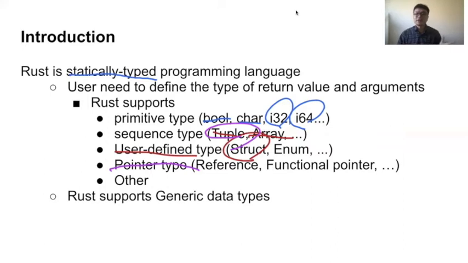A tuple is a very convenient way to abstract your type, which is a good way to write programs, easier for the programmer. Rust supports generic data types too, so there's no problem having a generic data type in your program. A function can support integers, and also Booleans and other types. It's still possible in Rust.